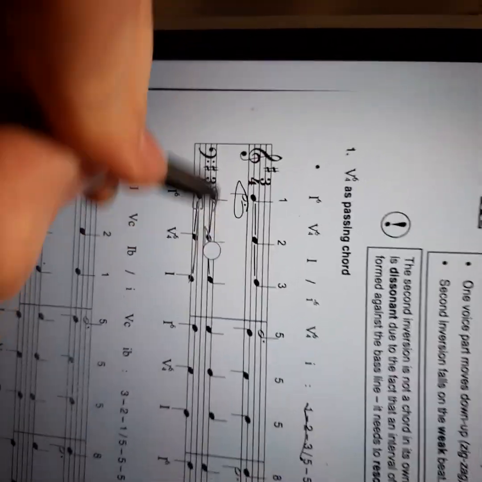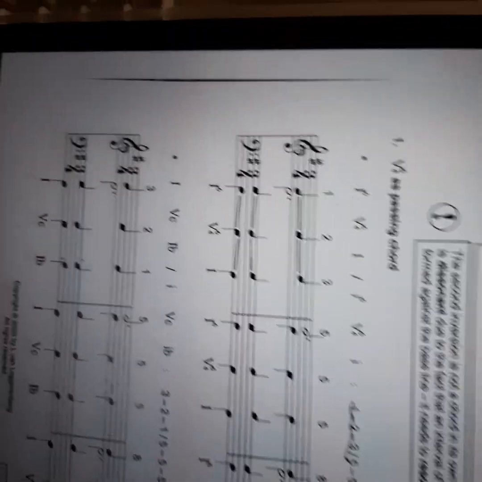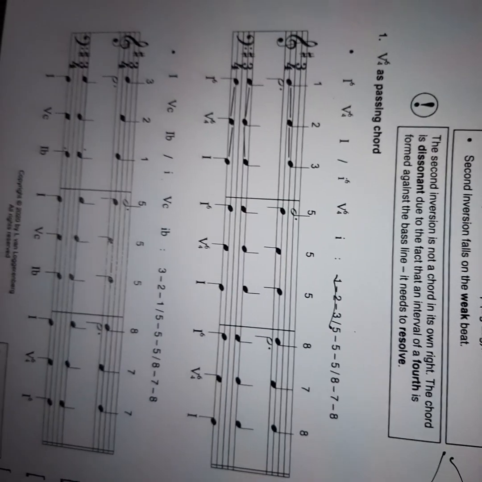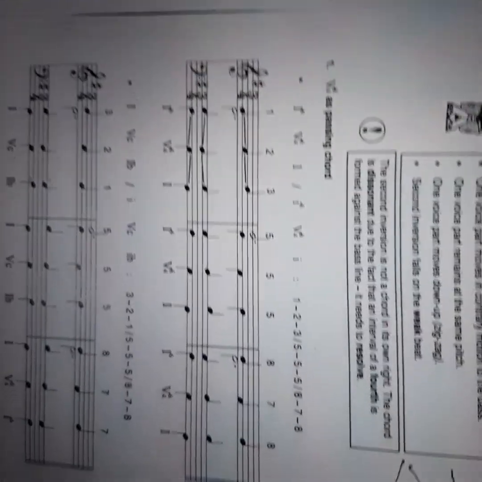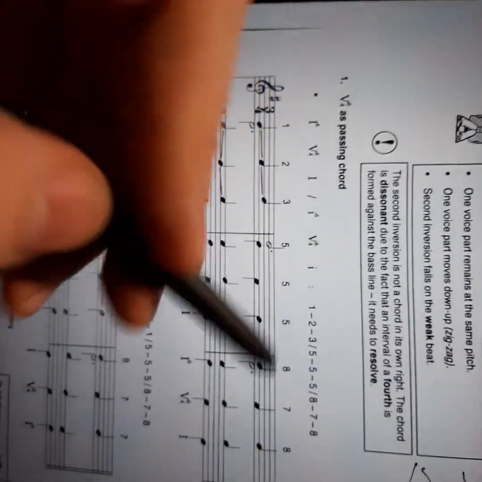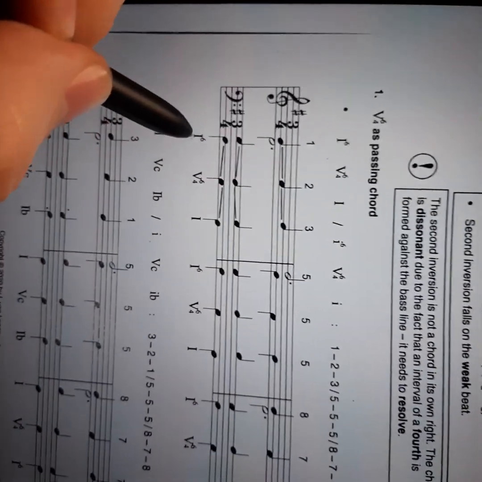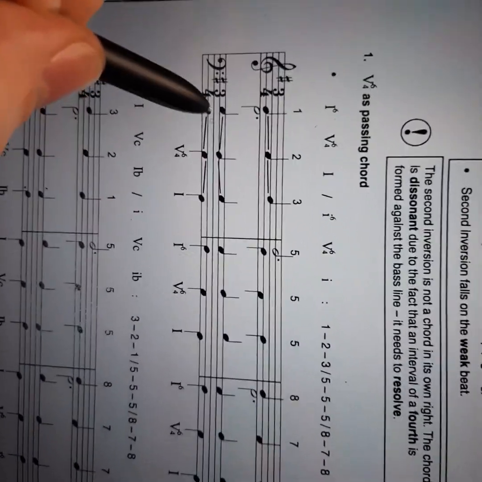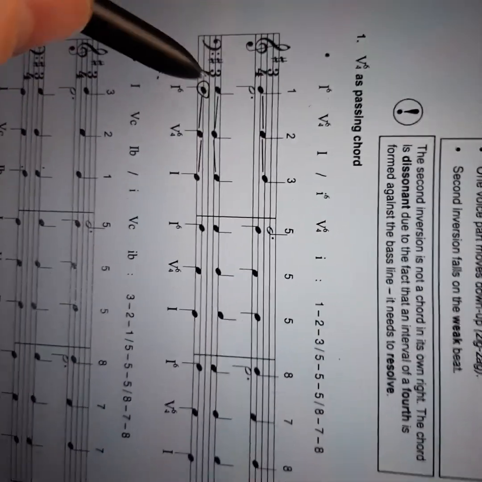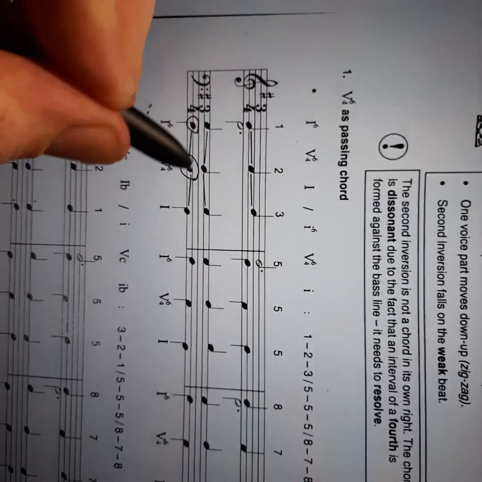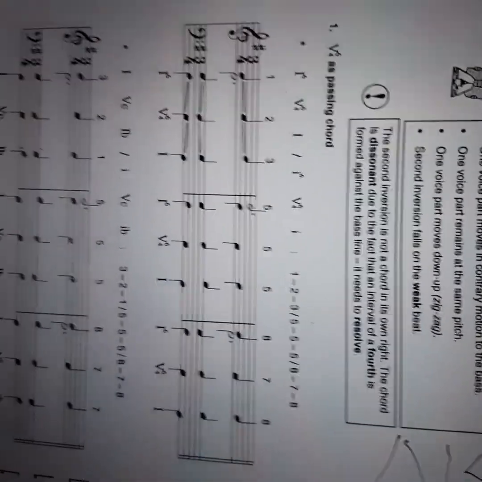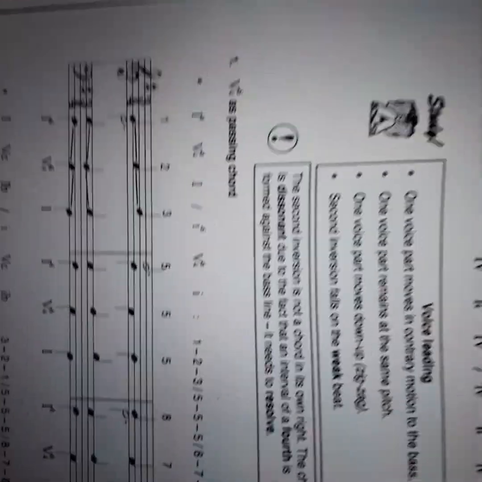So I use these numbers instead of the note names, and the reason for that is we are talking about the scale degrees. So with 1 in G major being a G, 2 being A, 3 being C, and so on.